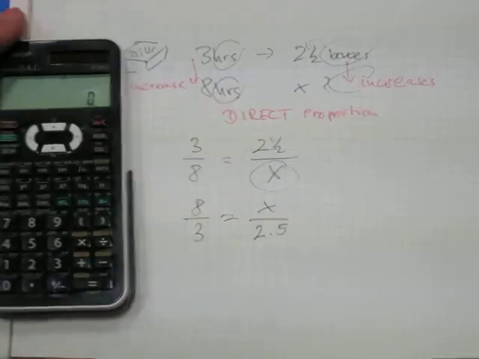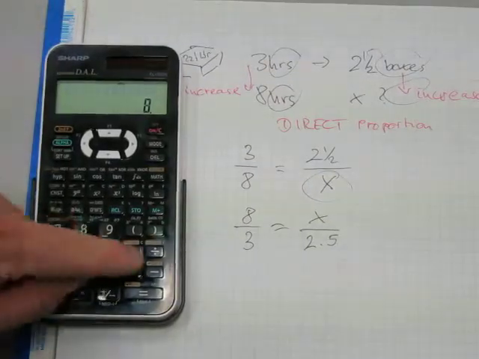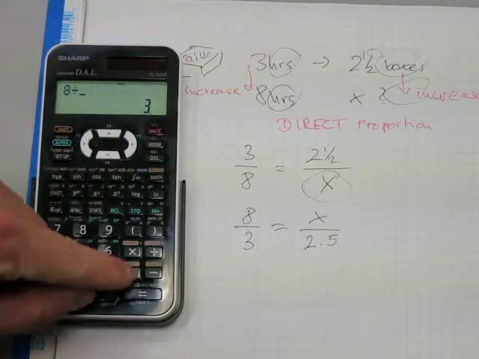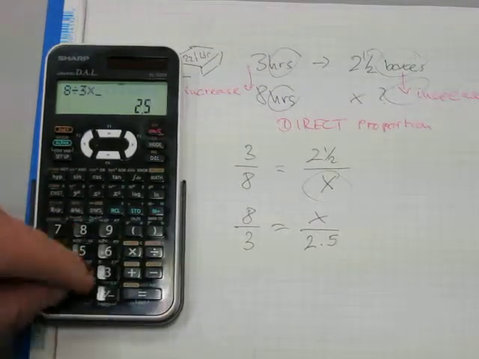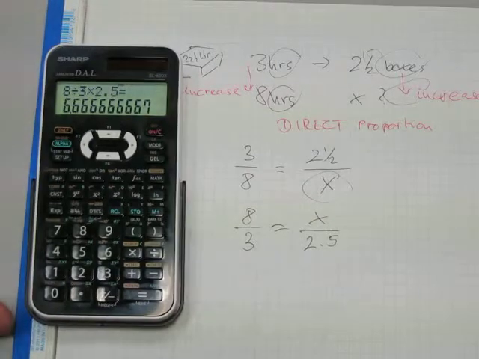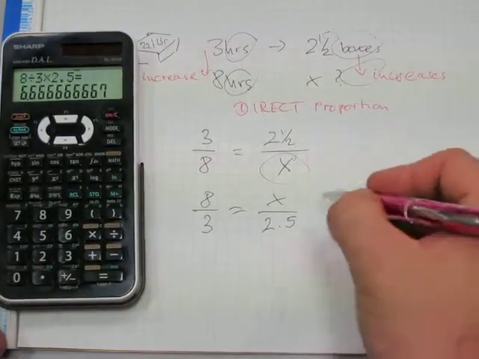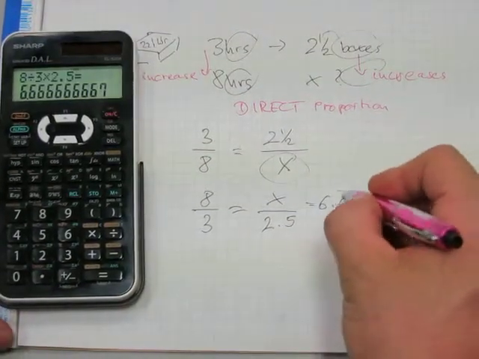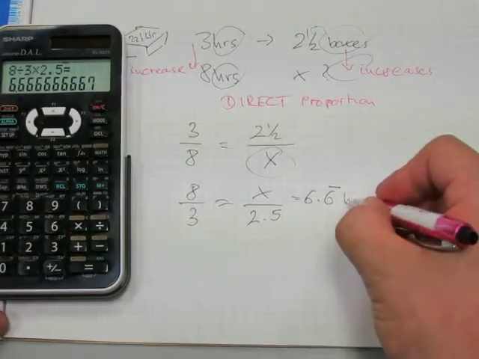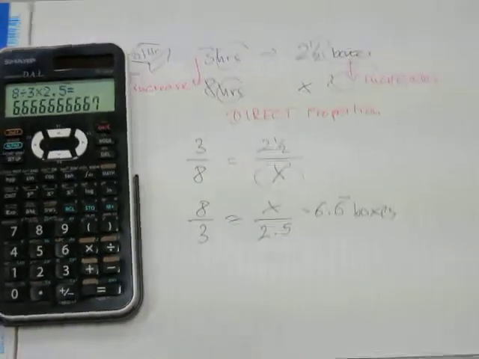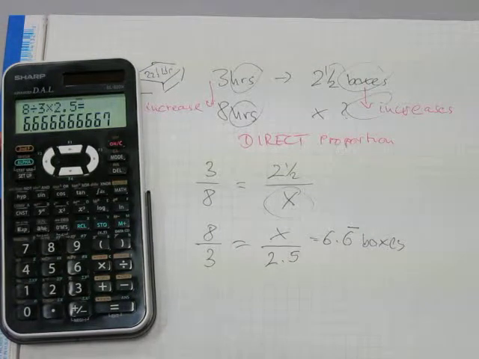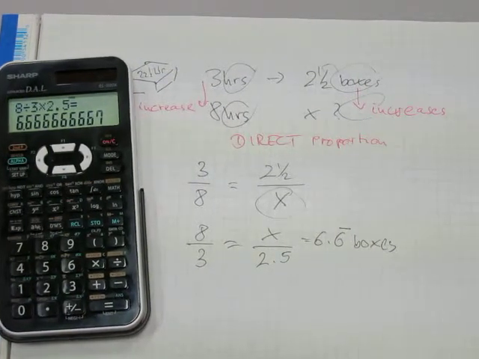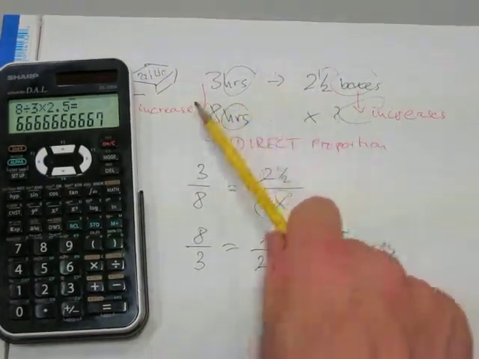Let's see what the calculator says about this one. 8 divided by 3 times 2.5 equals 6.666. 6.6 boxes of nails. Then finally, let's think about it and see if it makes sense.